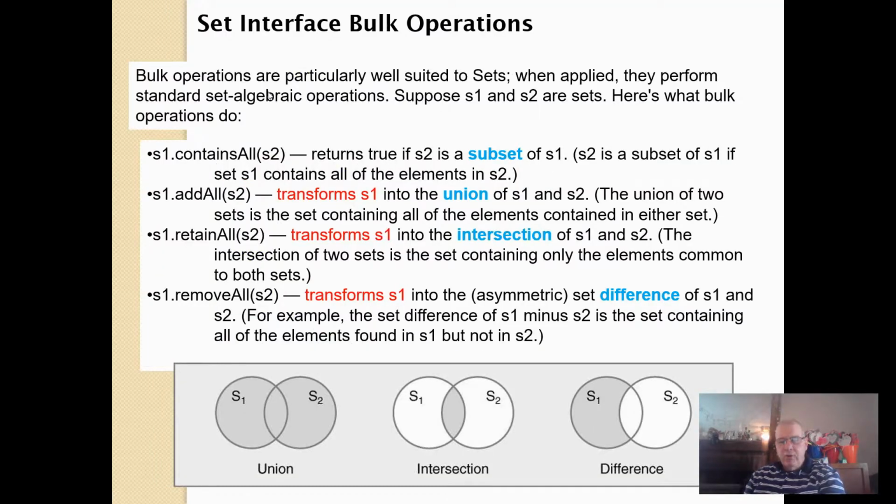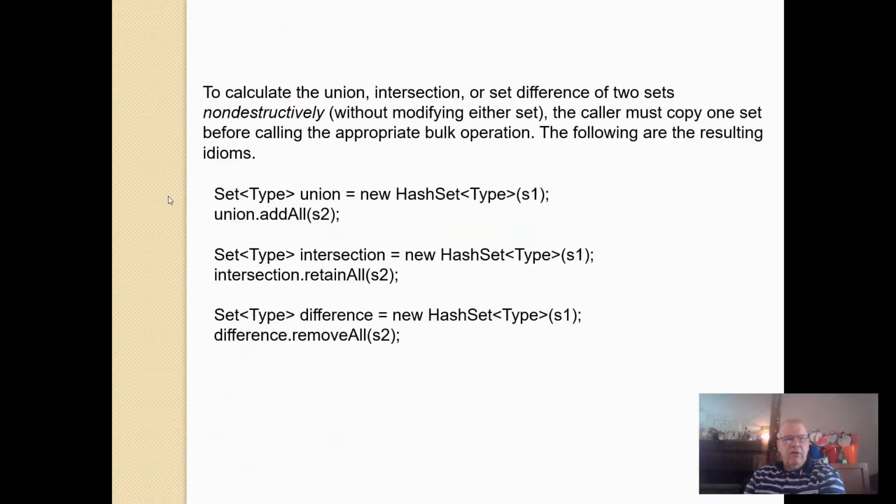If you wanted to do bulk operations with sets, you have to remember that add all, retain all, and remove all transform the first set into the union. So if you're doing bulk operations, you don't want to change your original set into the union of S1 and S2.